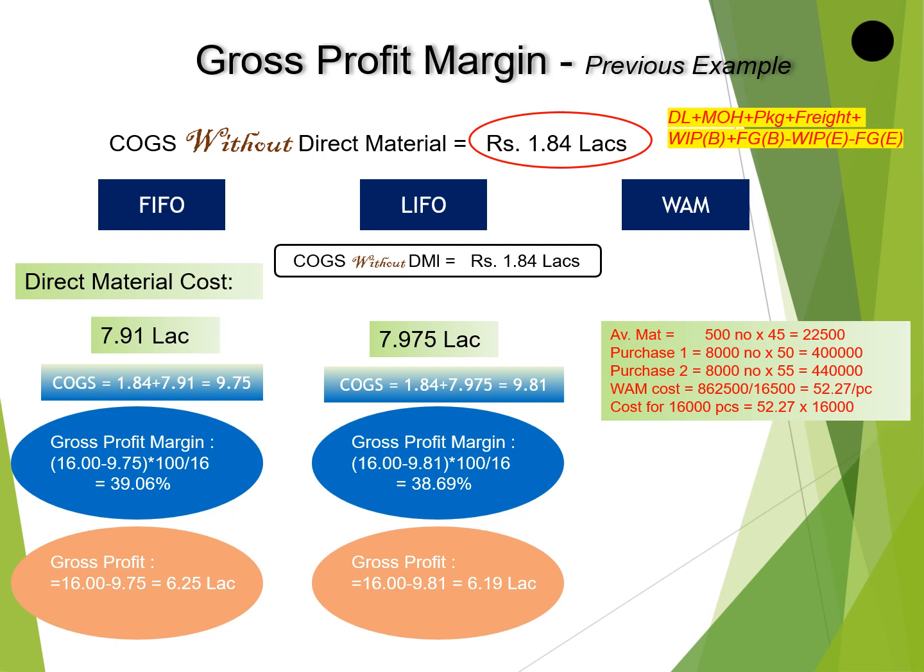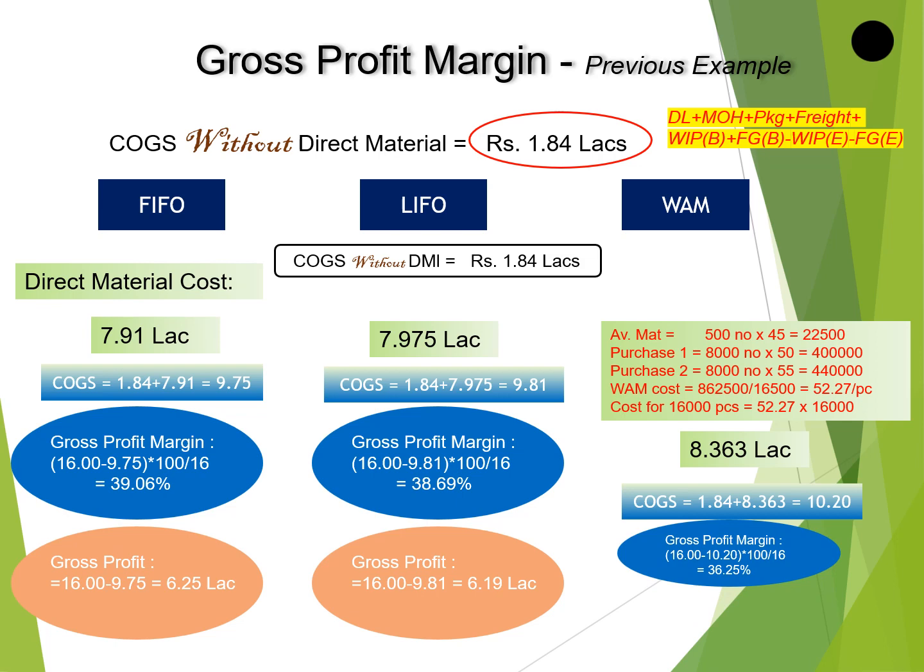So in this case, the cost of 16,000 pieces shall be 52.27 into 16,000 pieces. This will give you the figure 8.363 lakhs. So the cost of the direct material with the WAM method is 8.363 lakhs. And COGS in this case shall be 1.84 constant plus 8.363 lakhs, that is equal to 10.20.